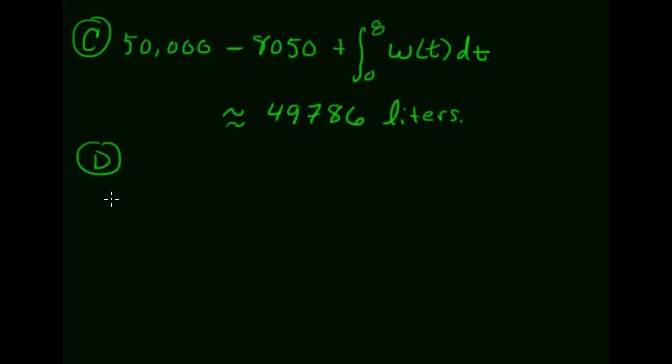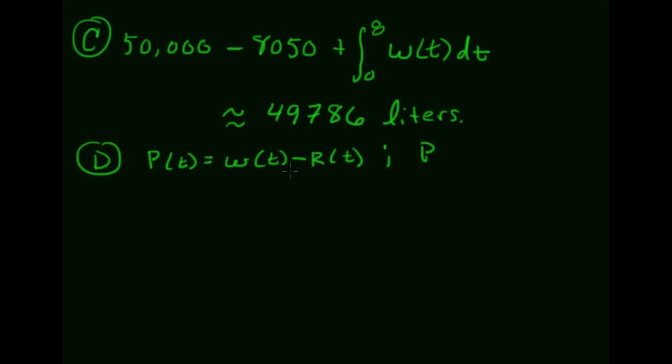Part D is interesting. It's like show that there is a time where the amount being pumped into the tank is the same as the amount being pumped out. So what we want to do is we want to create a function that is the difference between these two. Okay, so these things are going to be equal when this is 0.